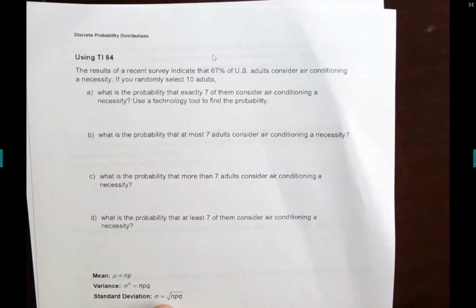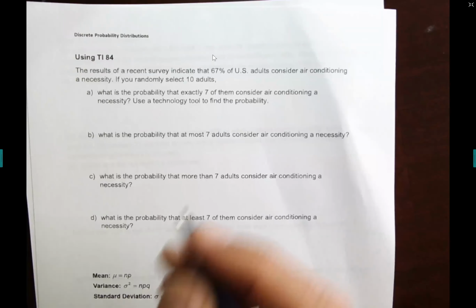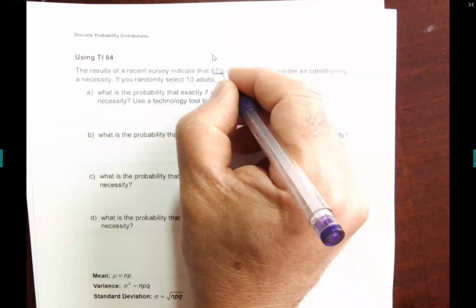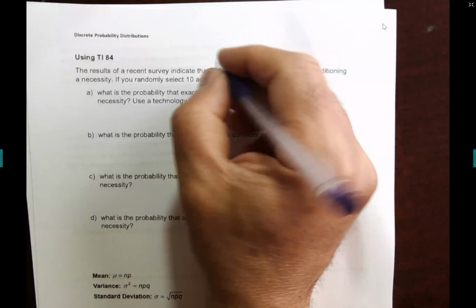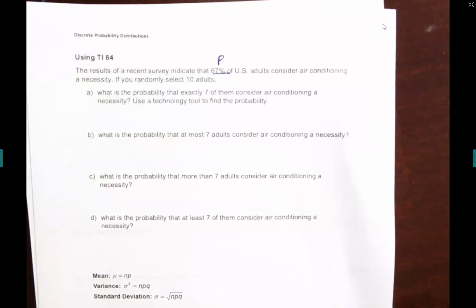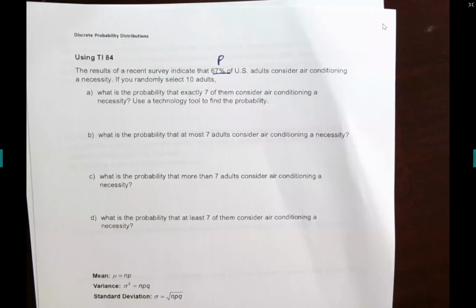All right. The results of a survey indicate that 67%, what do you guys think the 67% is called here? What letter? N, P, Q, X. Let's see here what we have. P, very good. Consider air conditioning a necessity.